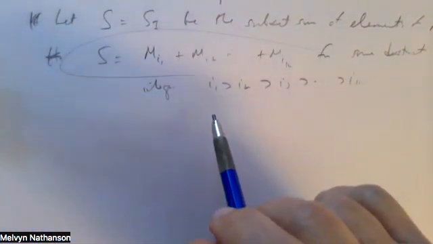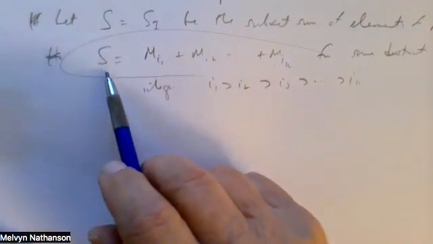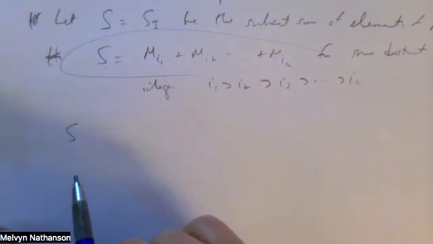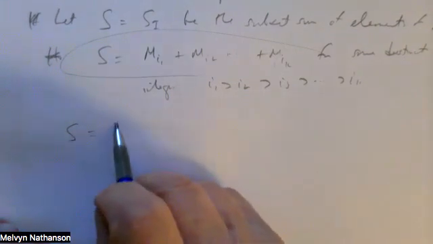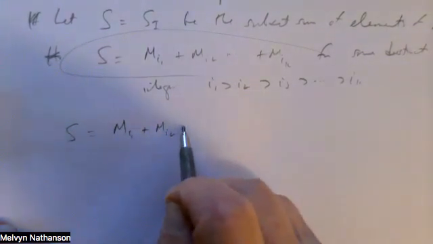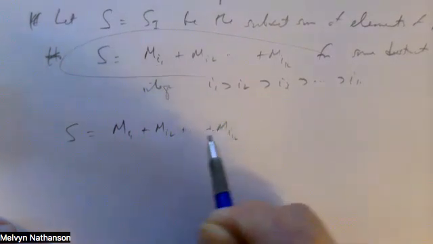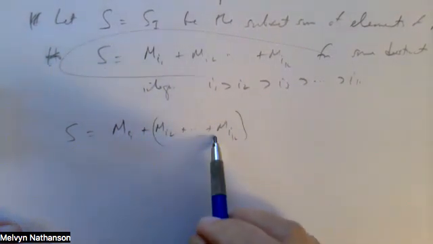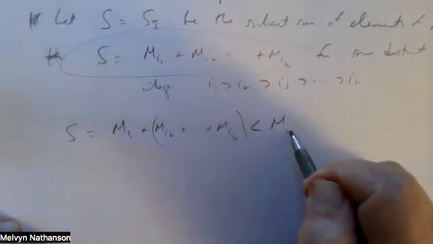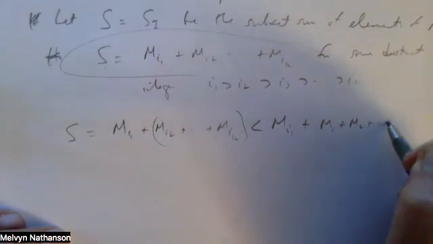And the question is, how do you find these numbers? Well, what can you say about S? You know that S, if it's M sub i1, M sub i2 up to M sub i sub k, this is a sum, this is less than or equal to M sub i1 plus the sum of all the numbers up to i sub 1 minus 1, M1 plus M2 up to M sub i sub 1 minus 1.